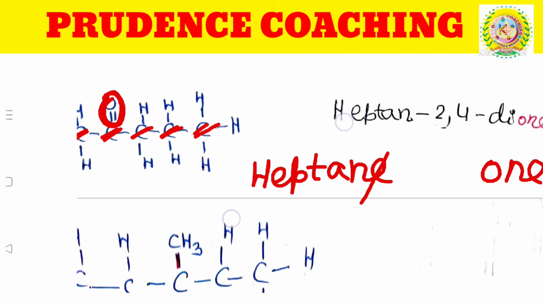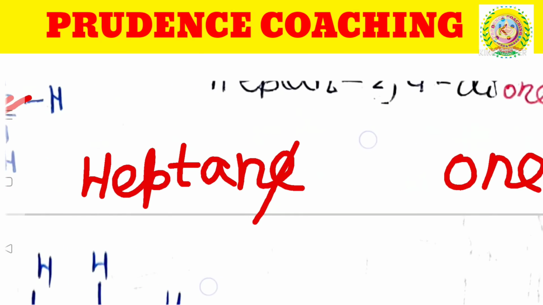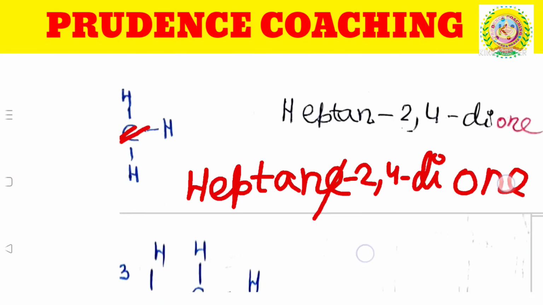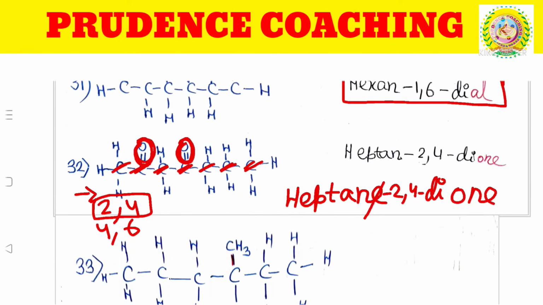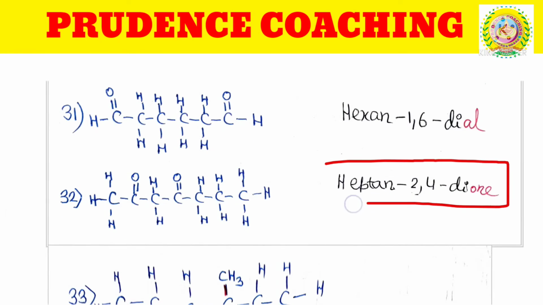But here we need to mention the position, that is 2, 4. So you will write here 2, 4 dash 2 ketone are there, so dione. So our answer will be heptane 2, 4 dione. So our final answer here is heptane 2, 4 dione.